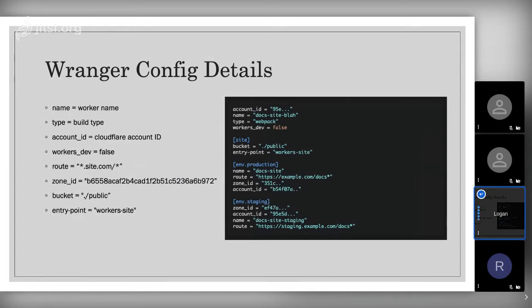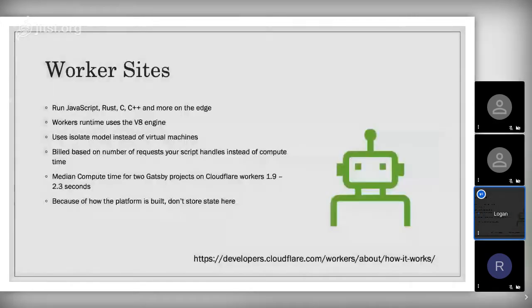Okay, so Cloudflare Workers has two components to it. It has Worker Sites, and Worker Sites is just like the CPU portion of it. Out of the box, it runs JavaScript, Rust, C, and C++, and it runs it on the edge. Under the hood, the Workers runtime uses the V8 engine, the same engine used by Chromium and Node.